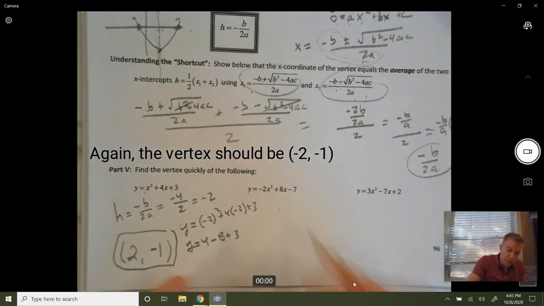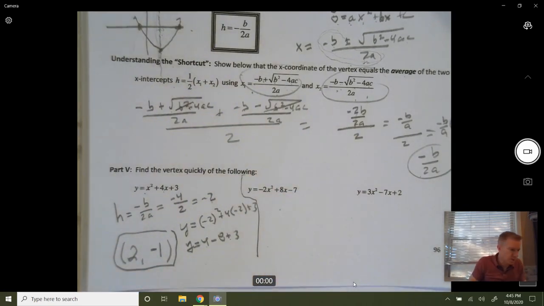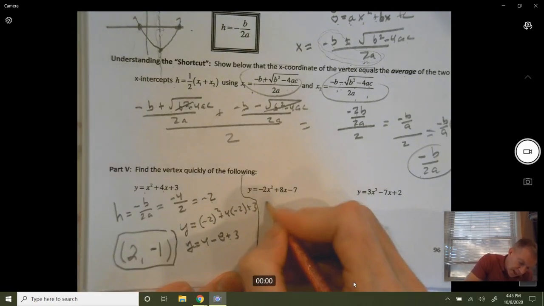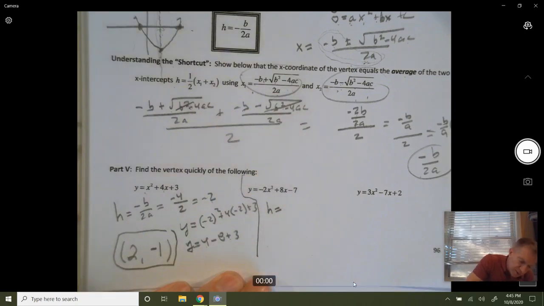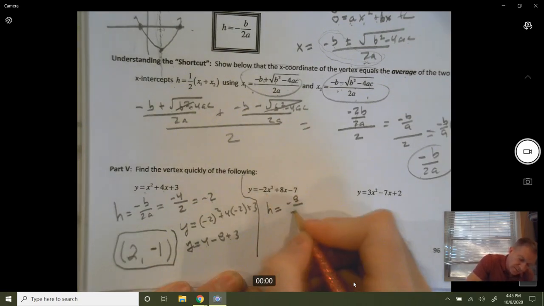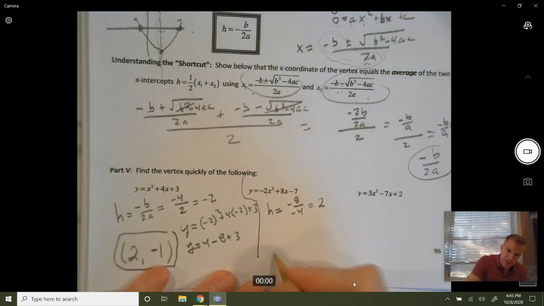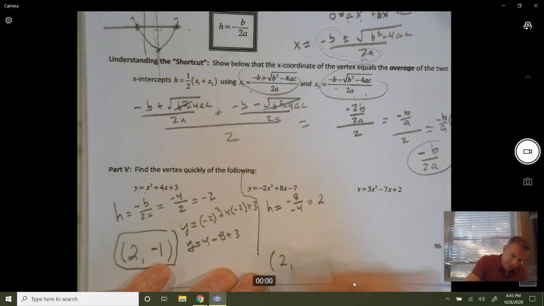Okay, I'll do these two. If you get it, you don't need to watch. Okay, but we're going to do just a couple more. So opposite x corner of the vertex, or the h, is opposite b over 2a. 2 times negative 2 is negative 4, so I get a positive 2. Okay, so my vertex is positive 2 comma something.